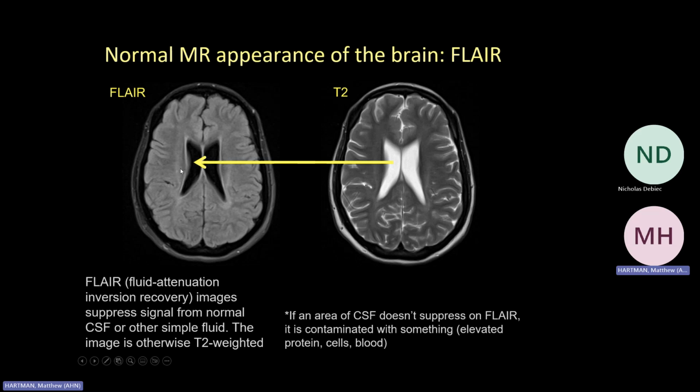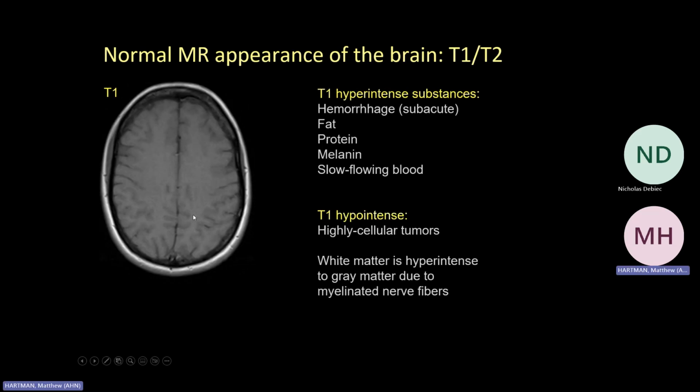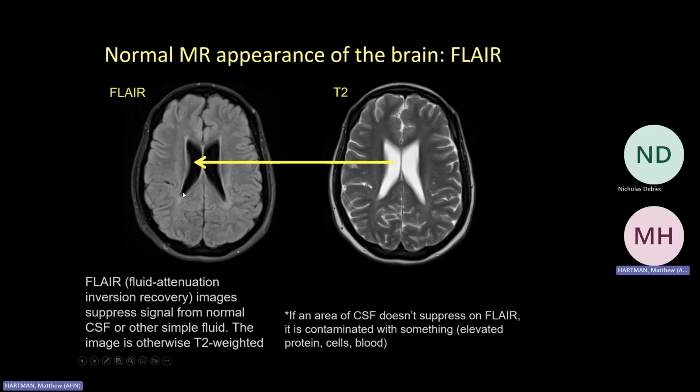And this is great for picking up areas of edema, areas that are not 100% water, but if it's like 80% water, you know, MS cases, lesions with vasogenic or cytotoxic edema, it will pick up those areas of inflammation very well. Again, on T1, the vents will be hypointense.